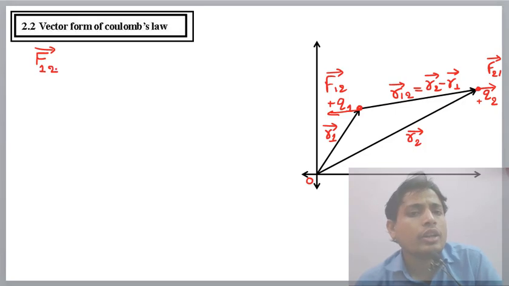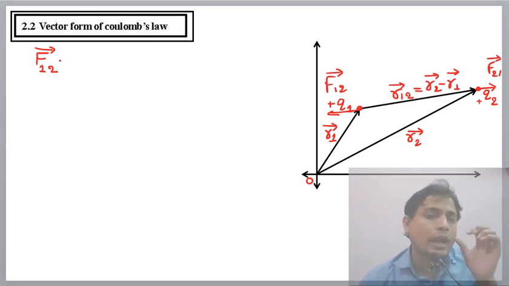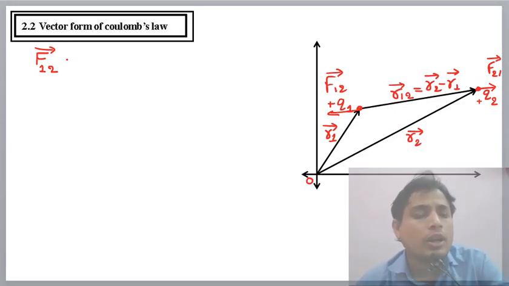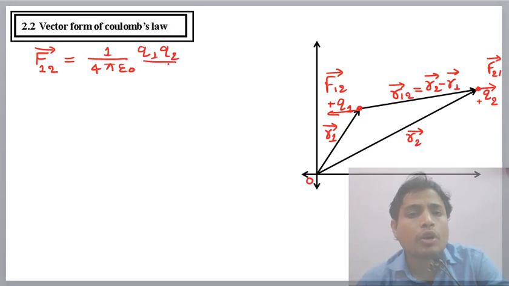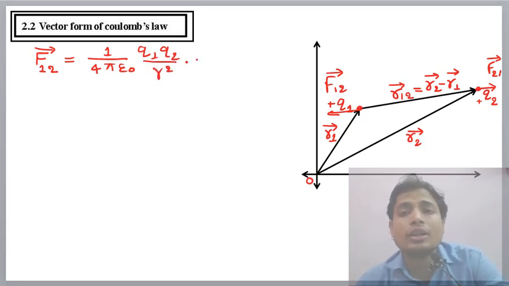Okay, the one on which the force acts we write first, and the one due to which it acts we write after. So force on 1 due to 2, F12 is equal to, firstly it will have the magnitude 1 upon 4 pi epsilon naught Q1 Q2 upon R square, and then it will also have the direction.